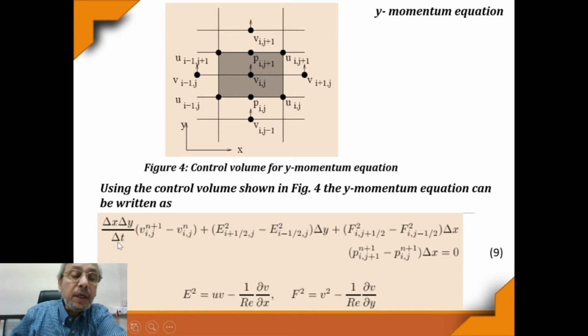So finally we can write delta x into delta y by delta t into Vij at the level n plus 1 minus Vij at the level n.